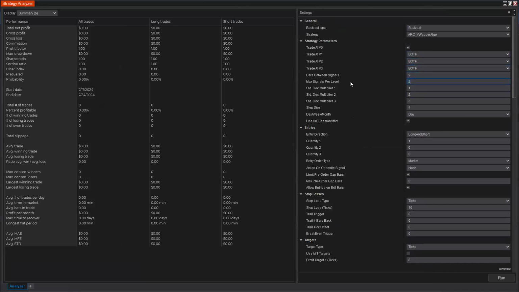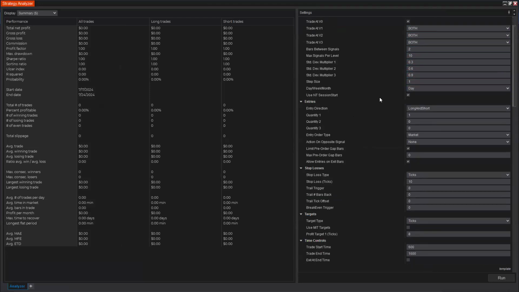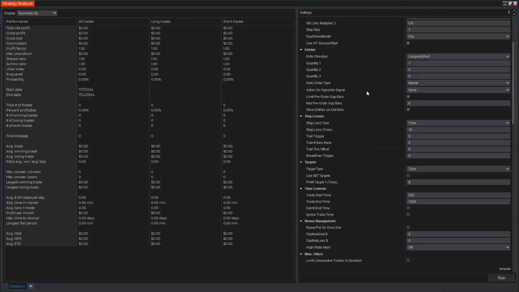Bars between, max signals, tens. I like the tighter deviations. Reason I'm setting it this way is because ultimately this is how I trade. I have my VWAP set to 0.3 and my anchored VWAP set to 0.6. So I'm going to run with it. Stepping size, I'm just going to go 1 because I don't really care if it's stepping or not.